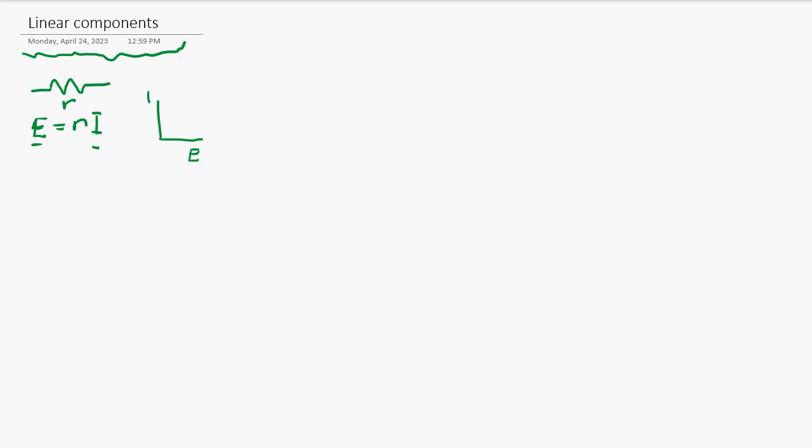So current and voltage have a linear relationship. Okay, so this is the simplest one.